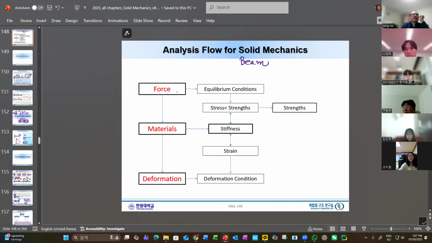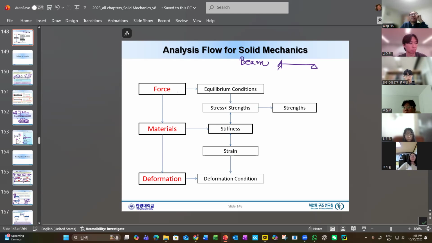So again, 화면 보이죠? This is the beam. Beam means that we have certain boundary conditions. For example, clamp. In homework, we had a problem where on the left-hand side we had a clamp, and on the right-hand side we have a simple support. Simple support always uses this kind of arrow.